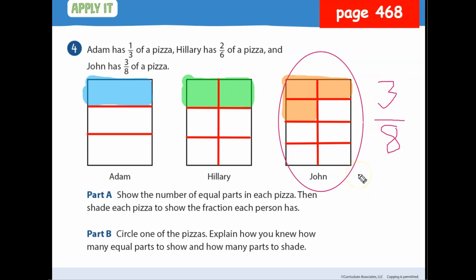How did I know that there were 8 sections? I said, how do I know that I had 8 sections? Looking at the denominator. Okay. How did I know that I needed to shade 3 in? Numerator. By looking at the numerator, right? That's the top number. Perfect.